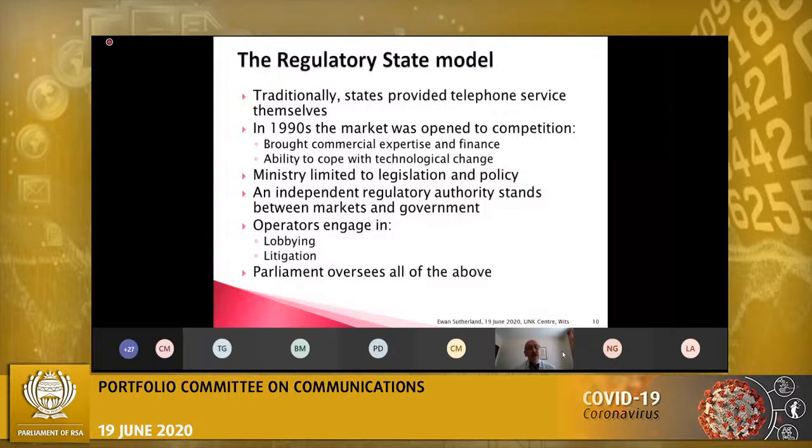And that meant you brought in commercial expertise. You no longer relied on government bureaucrats to do things. You were bringing in managers with expertise. It brought in money. It brought people who were willing to cope with risk, willing to deal with technological change, people who had to decide, do we invest in 2G, 3G, 4G?